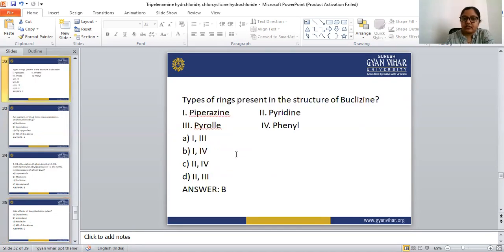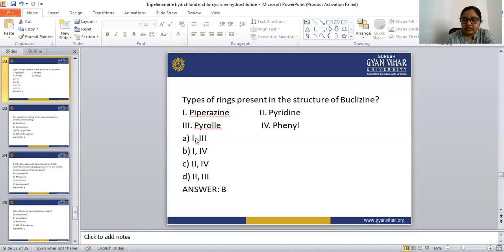And next question is, how many types of rings are present in the structure of buclizine? Here are given the piperazine ring, pyridine ring, pyrrole ring, phenyl ring.